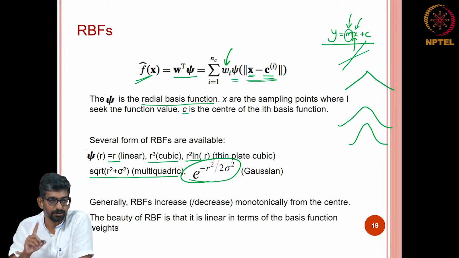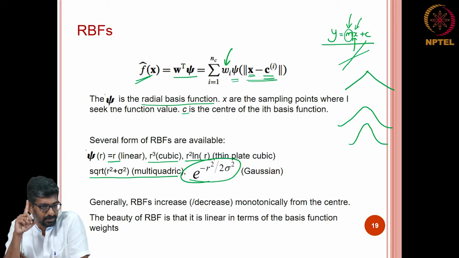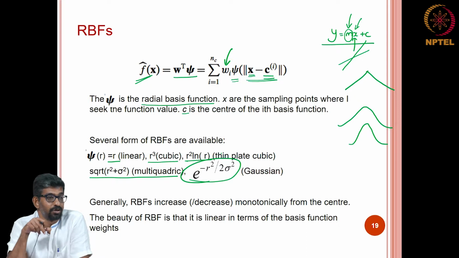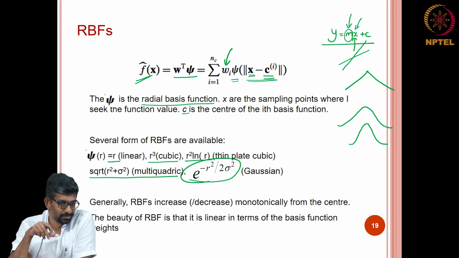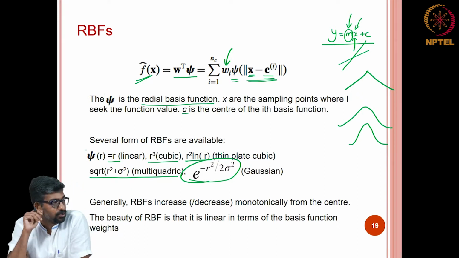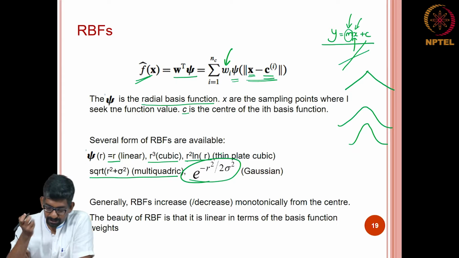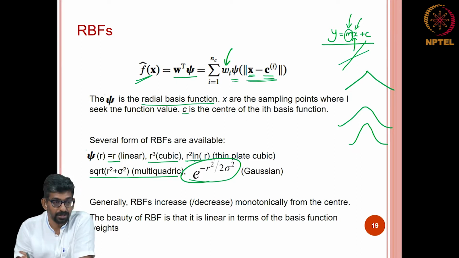The top requires only one parameter, but with one parameter I have only some control. With 2 parameters I am likely to have better control. Okay. I can control the shape as well as the size. In this I can only control the shape. If you look at the first ones, r cube, r squared, I can only control the shape, whereas in the second one I can also control the size.